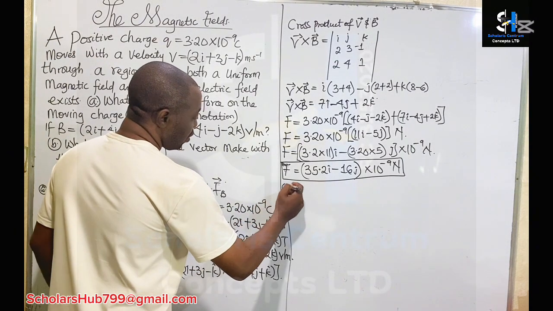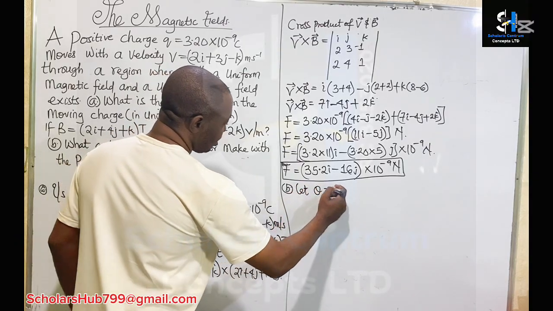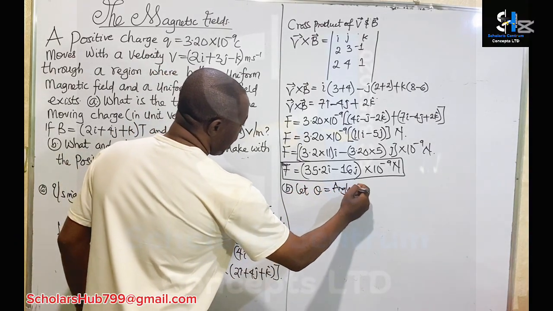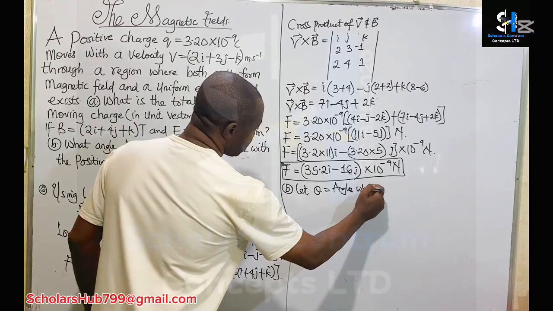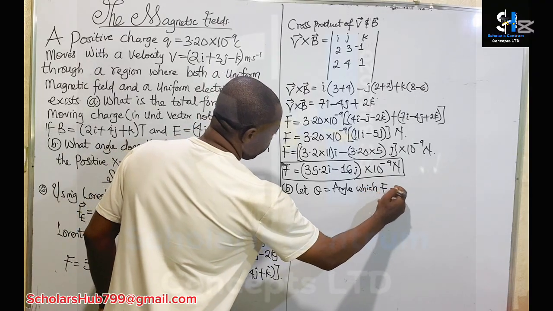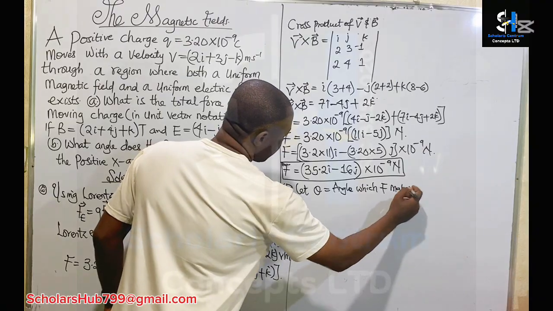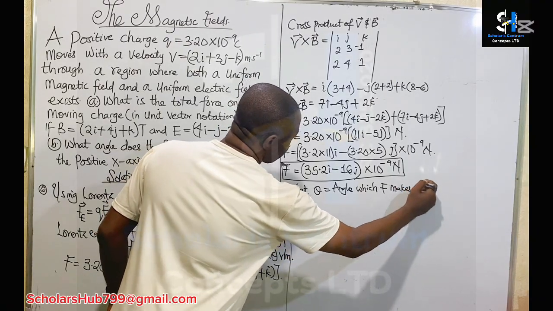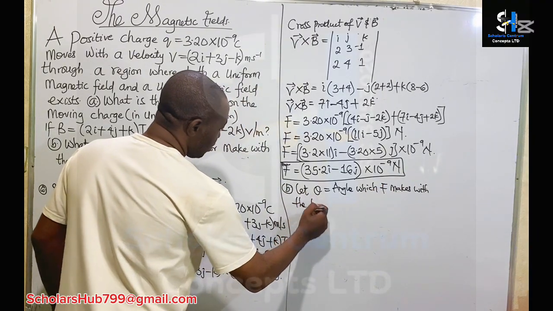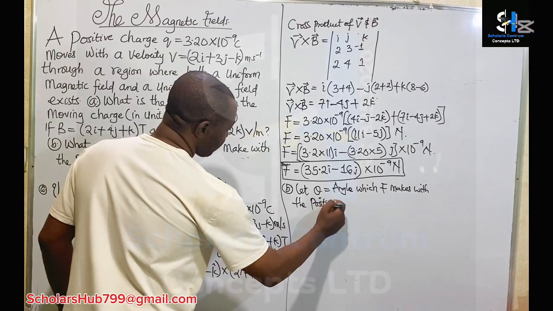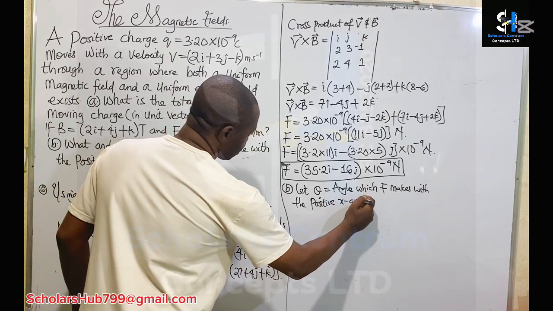So we can say let theta equal the angle which F makes with the positive x-axis.